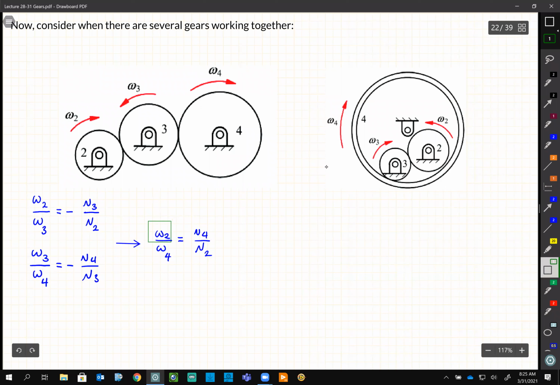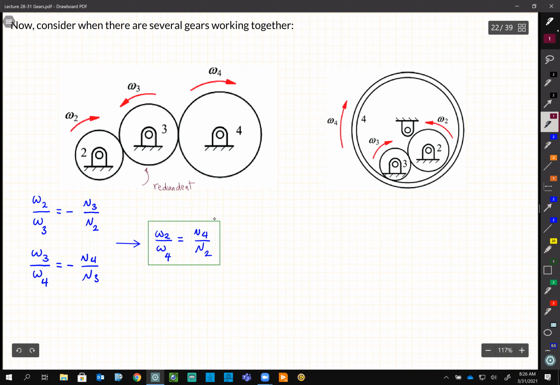So what you notice here is, in this final formula that we got, the input to output ratio, there is nothing related to N3. And if you recall, I said in simple gears, the one in the middle is a redundant gear. But redundant not in the sense that it is really redundant. We talk about it because if we go from omega 2 to omega 4, like if we remove the middle one, you still get the same result.